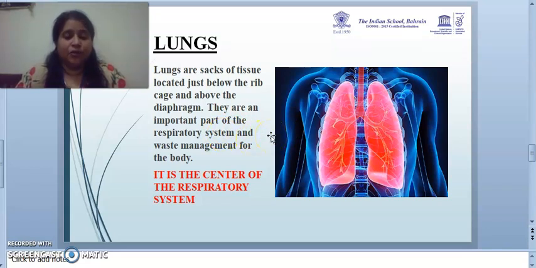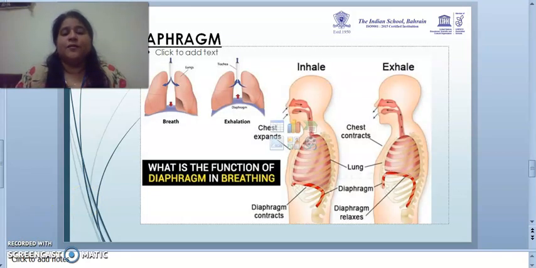It is made up of 2 lobes, whereas the right lung is made up of 3 lobes, and is slightly larger to accommodate the heart in between. The main organ associated with the respiratory system is the lungs. The last part is the diaphragm, which helps in the breathing mechanism.